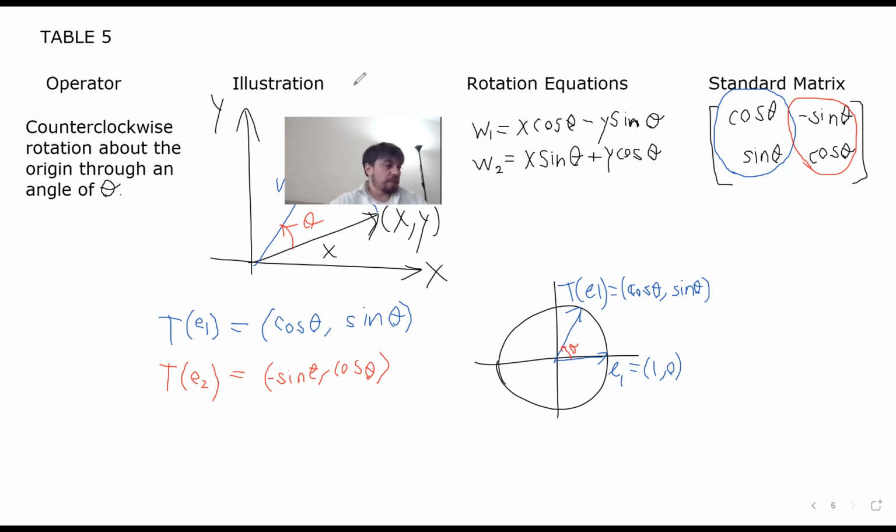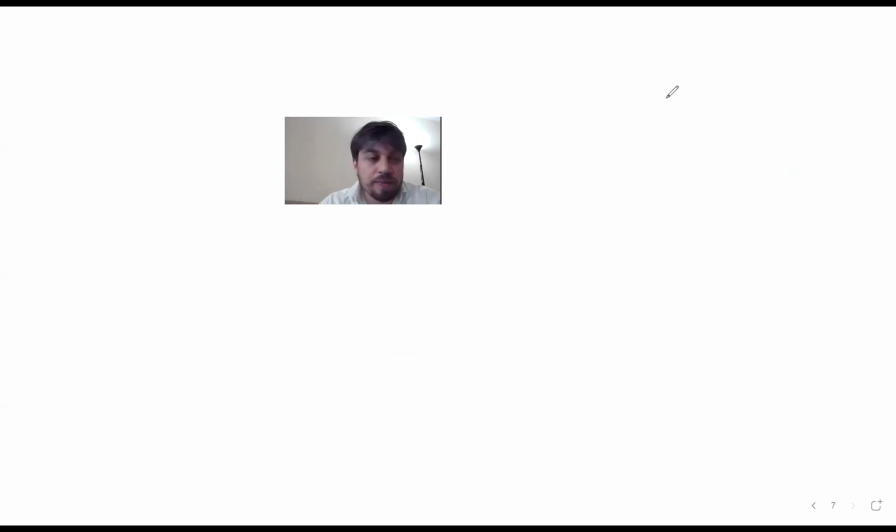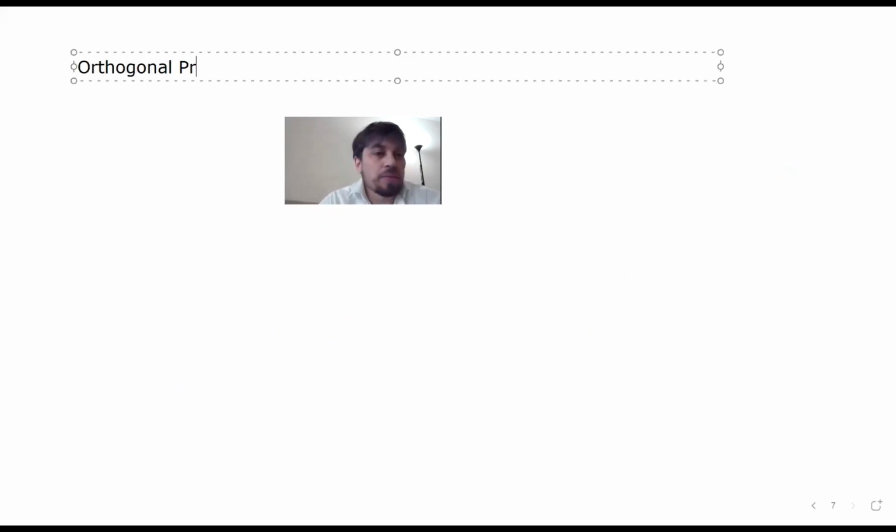All right, so that's table 5. We're almost done with tables. This one is orthogonal projections onto lines through the origin.